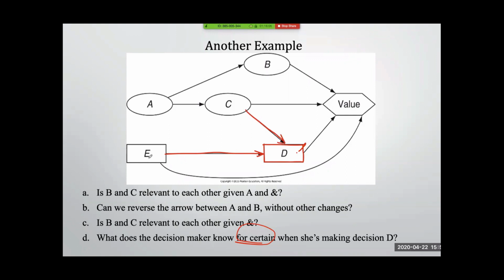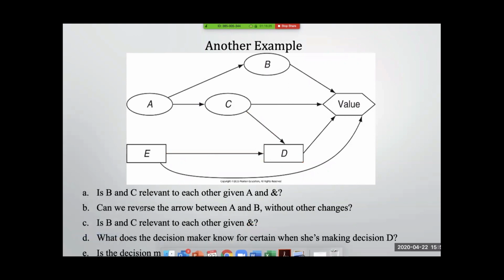Both what you have chosen at decision E and what uncertainty C has turned out to be are known at the time of decision D. So that would be the answer to question D.